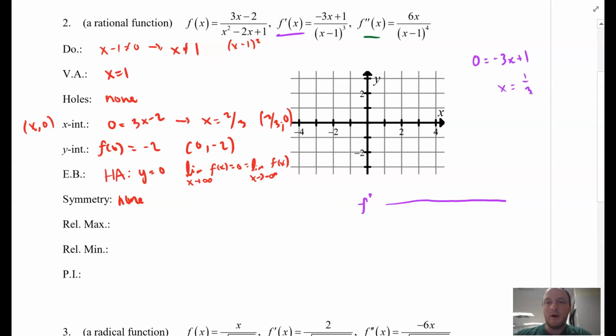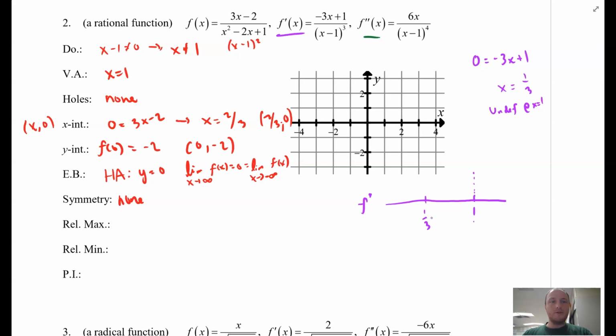Okay, and then also our function is undefined at x equals 1, right? We have a vertical asymptote. So at 1, we have a vertical asymptote, and then at 1/3, we have a critical number, a 0.